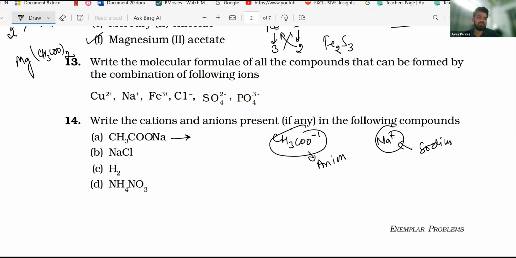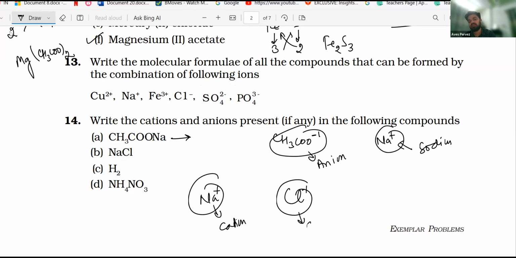So tell me, in sodium chloride, Na is the cation and Cl is the anion. Na positive is cation, and Cl minus is anion. Very good. Next, H2. Is H2 a cation?